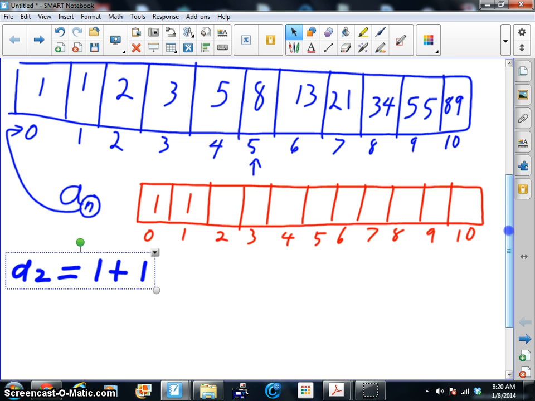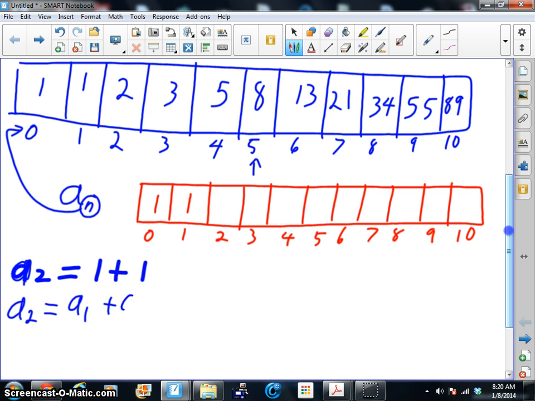Alright, that almost looks like a D. It's supposed to be an A. Don't worry about that. So, what do we do right here? Basically we took A sub 2, that's equal to A sub 1 plus A sub 0.